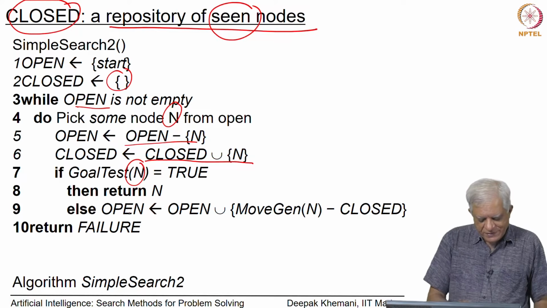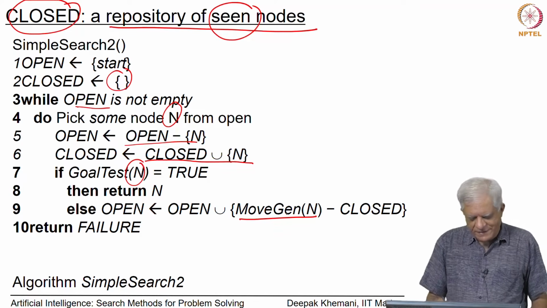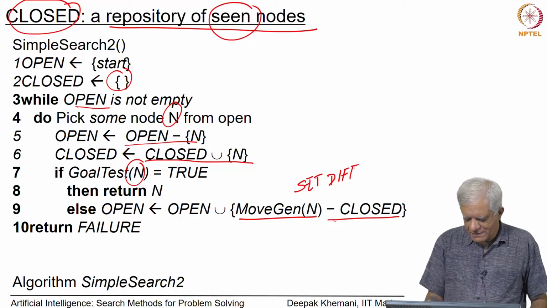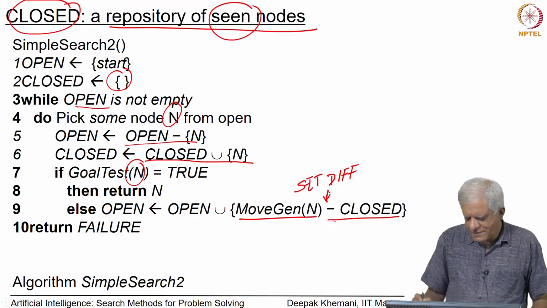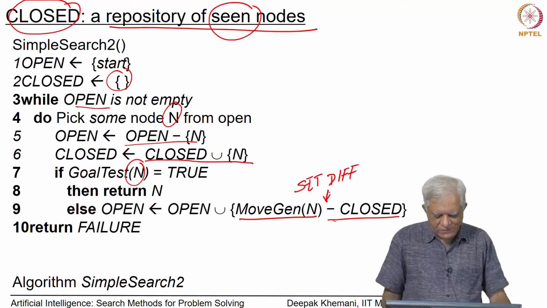If it is not, then call the moveGen function with n, and from the neighbors that this gives, remove whatever is on closed. So, this is set difference. Sometimes people use a different notation, the backslash for set difference, but as long as there is no confusion.